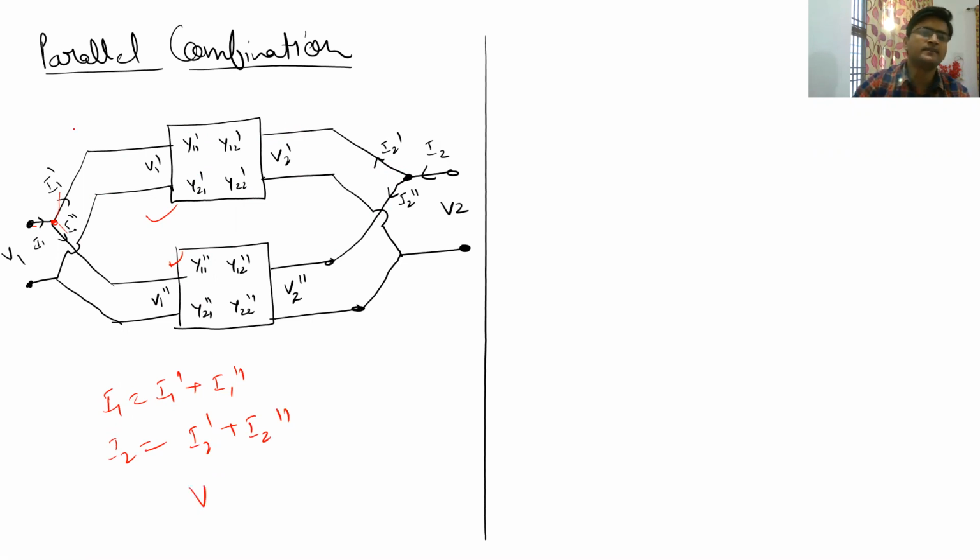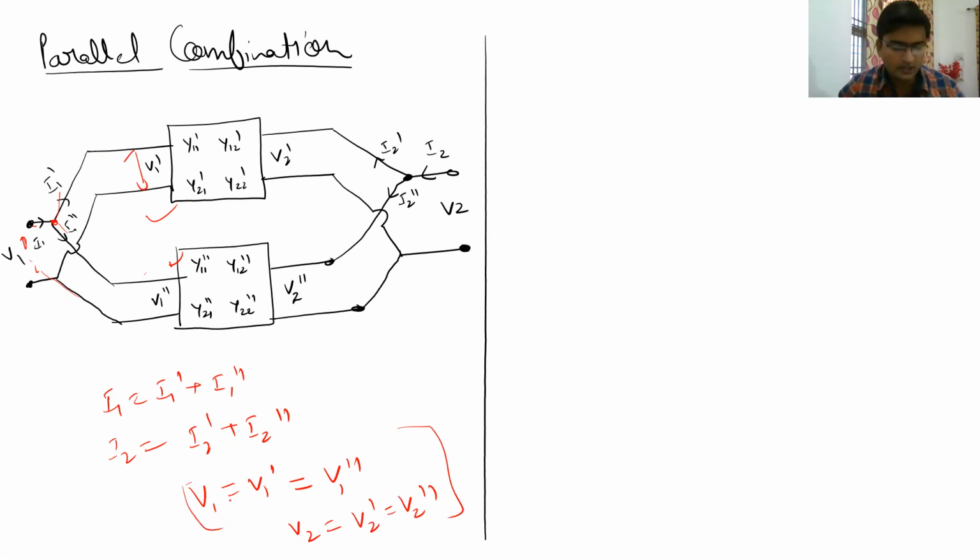And since these are in parallel, this V1 is going to be coming here, and also this V1 double dash is coming here. So we can say that V1 is equal to V1 dash, which is equal to V1 double dash. And also V2 is equal to V2 dash is equal to V2 double dash because of the parallel combination.